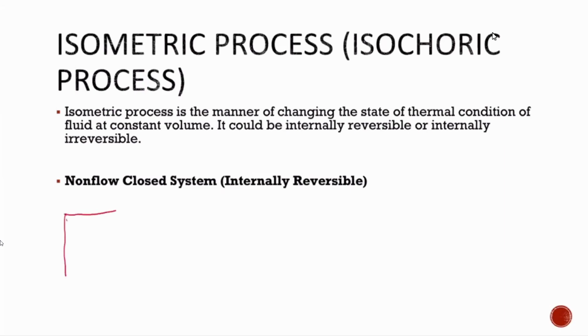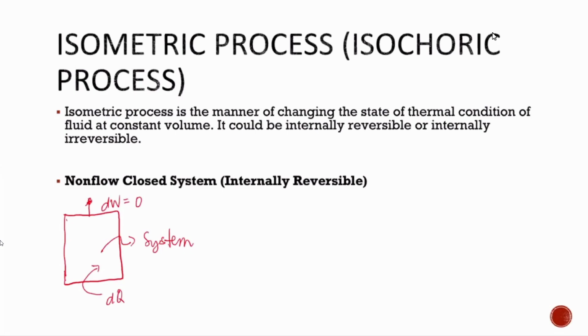So this is our system. The change in work, when we are in isochoric or isometric, is equal to 0. So we have added heat, or the change in heat being applied to the system.